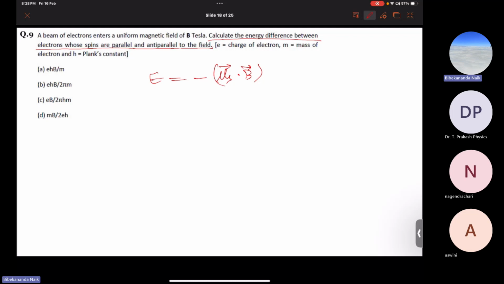So the options are e h B by m, e h B by 2 pi m, e B by 2 pi h m, and m B by 2 e h. So these are the 4 options.